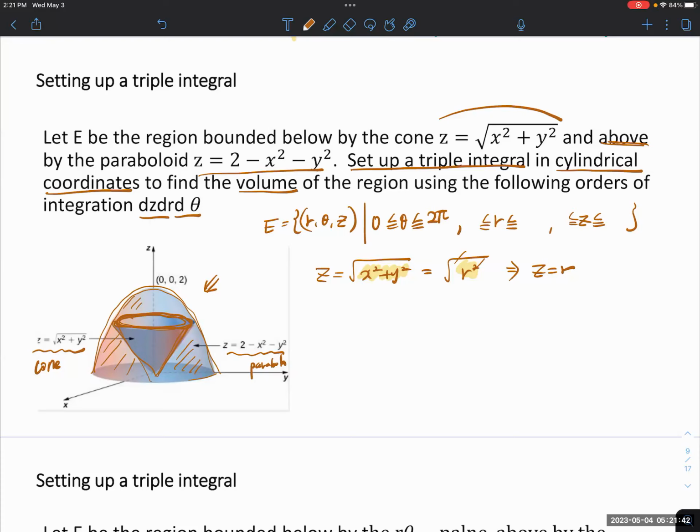In the second, z equals 2 minus x squared minus y squared, and I'm going to factor out the negative. So 2 minus r squared. So here we have z equals 2 minus r squared. Are we okay? All right. So now what we're going to do.